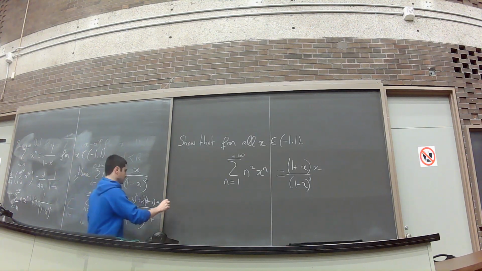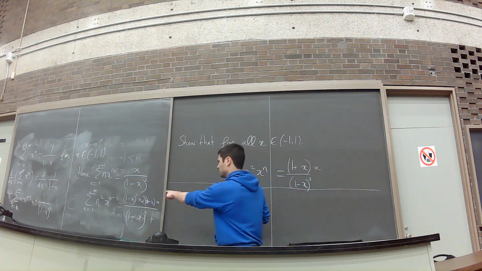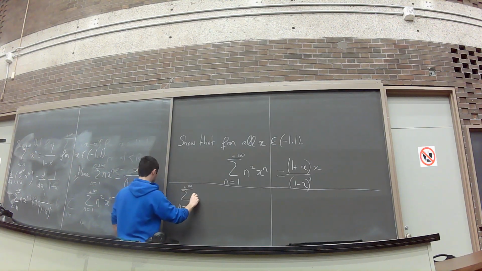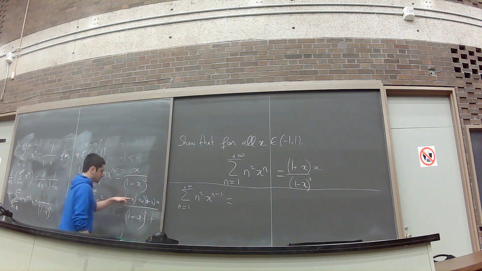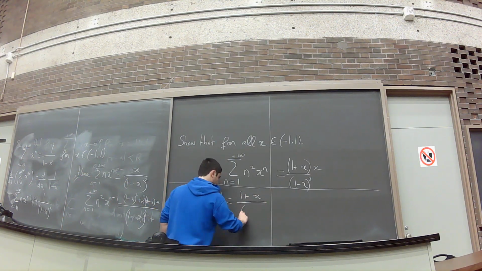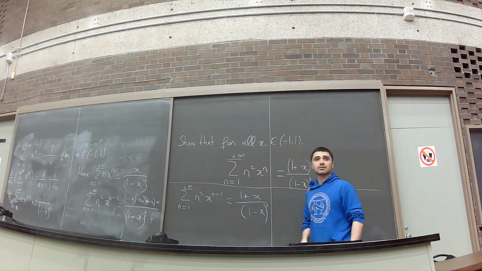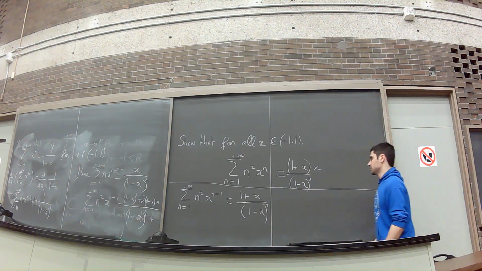Let me write this one here. So I get the sum n equal 1 to infinity of n squared x to the n minus 1. What is that equal to? Cancel out 1 minus x. So you get 1 minus x plus 2x. So you get 1 plus x over 1 minus x cubed. And how do you get here? What do you multiply by? x. Hence.